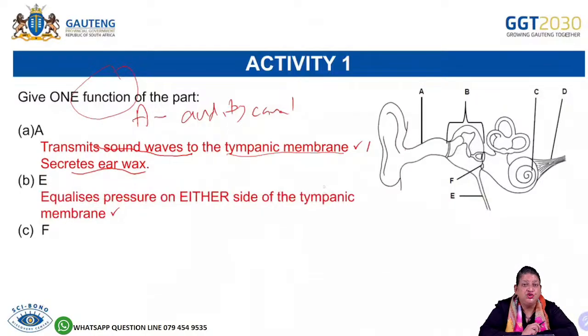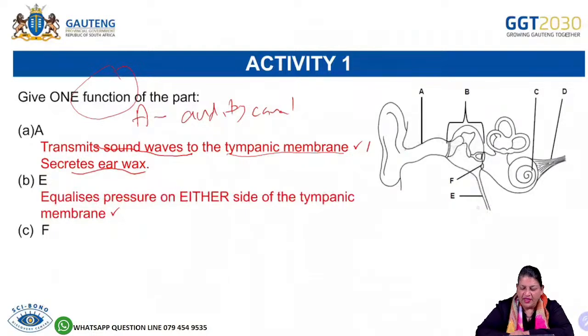And remember, how does it do it? It allows air to move in and out. But the main function of the eustachian tube is that it equalizes pressure on either side of the eardrum. It also connects the throat to the middle ear. That is just a structural part of what it does, not a function. It connects the middle ear to the throat.